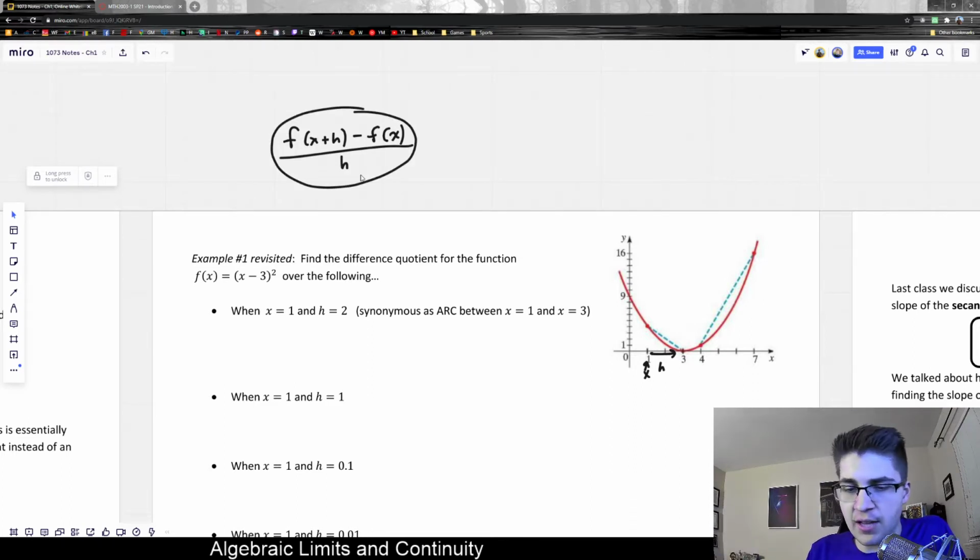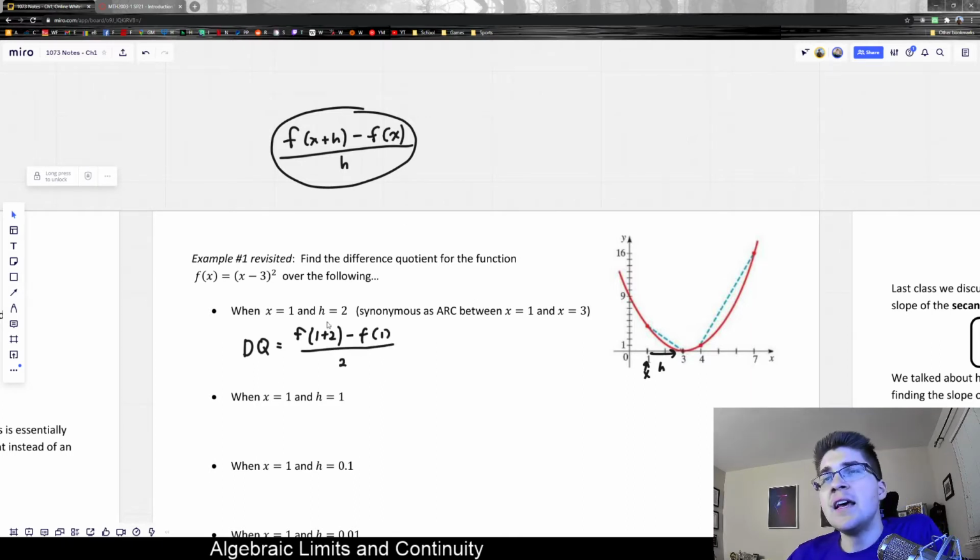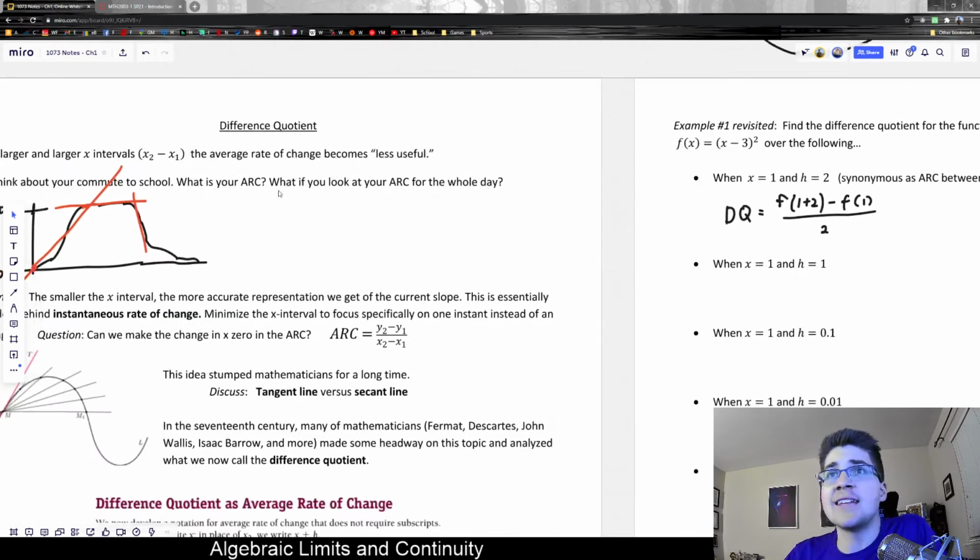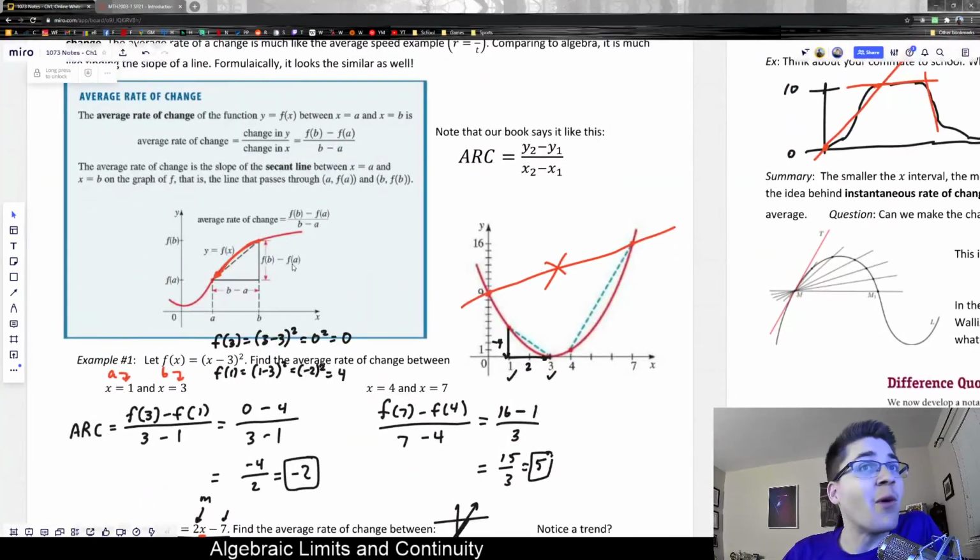So let's just go ahead and do that. The difference quotient would be equal to f of 1 plus 2 minus f of 1, divided by 2. This calculates, again, the same thing, the average rate of change between the points, the secant line. This is exactly the same formula as the earlier one. You might be wondering, why are we learning these?